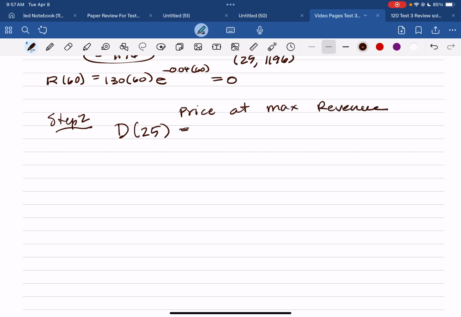So that's going to be 130, no x this time, just 130 e to the negative 0.04 times 25, and that comes out to about $47.82 if you do that on your calculator.